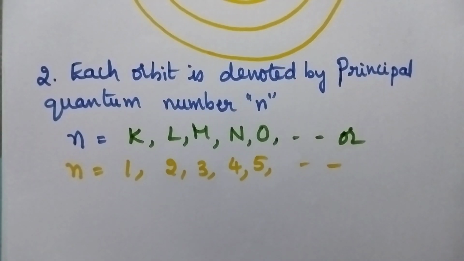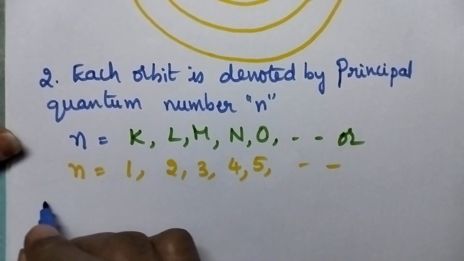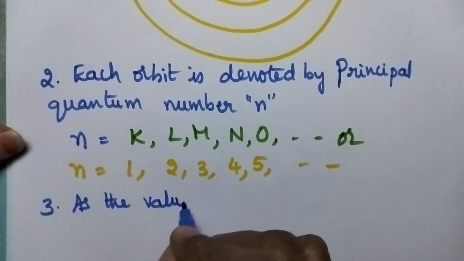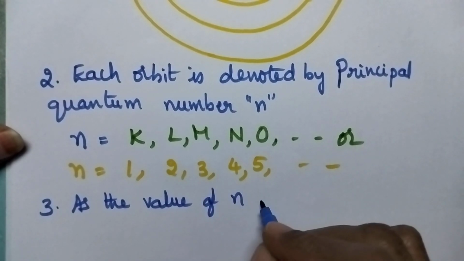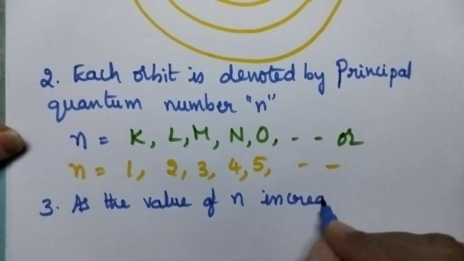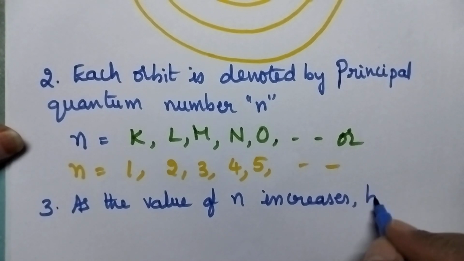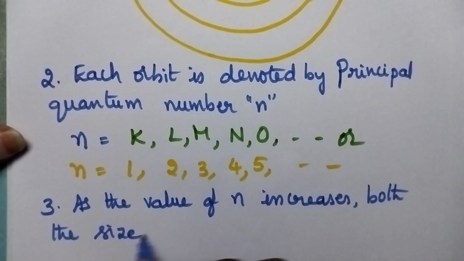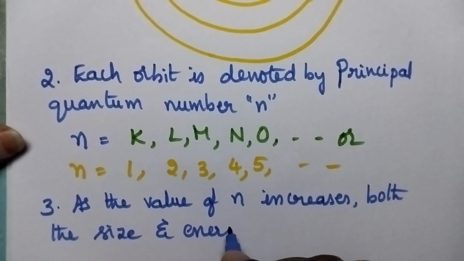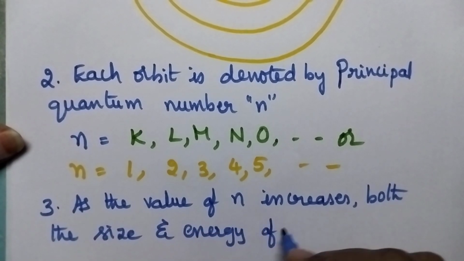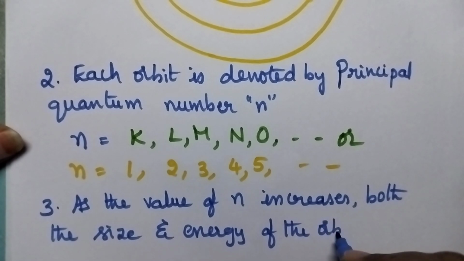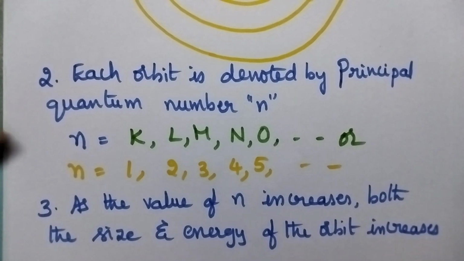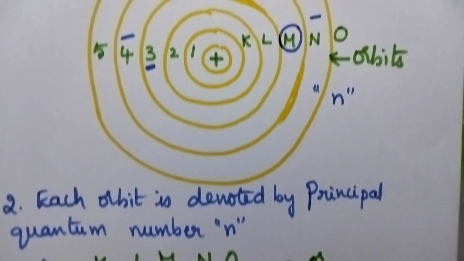As the value of n increases, both the size and energy of the orbit increase.